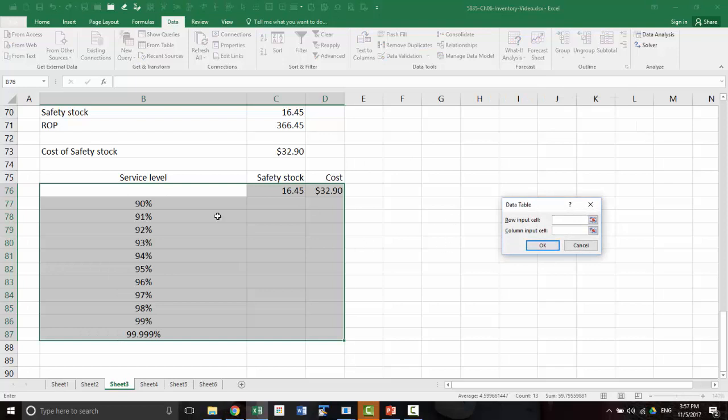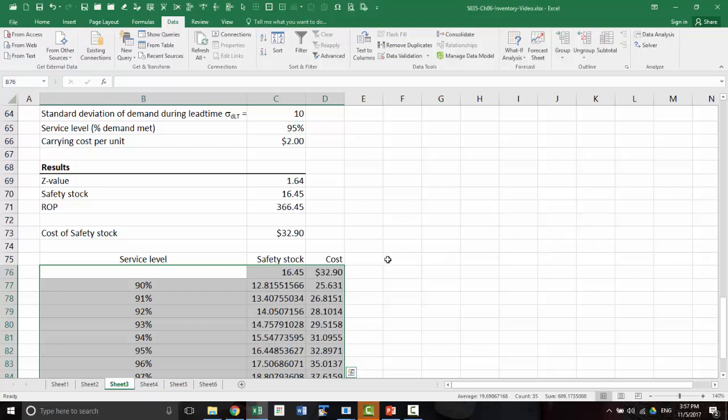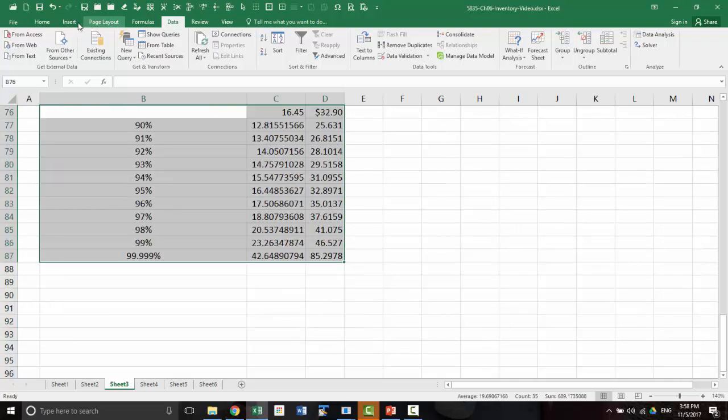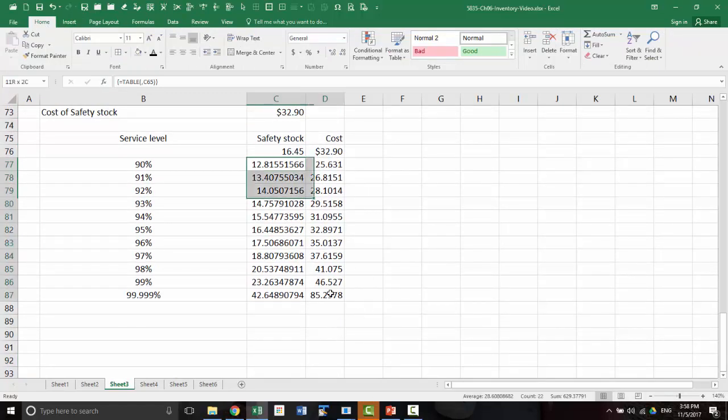Data table, and here our input values are the service level. Okay, so that's in a column. So this is a column input cell, and that's where our service level is. So our column input cell is C65.